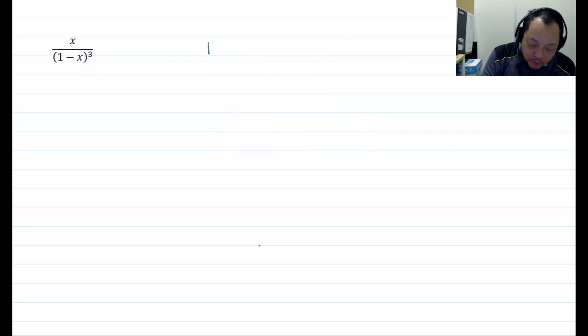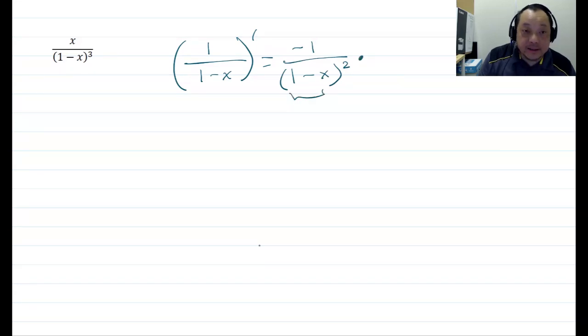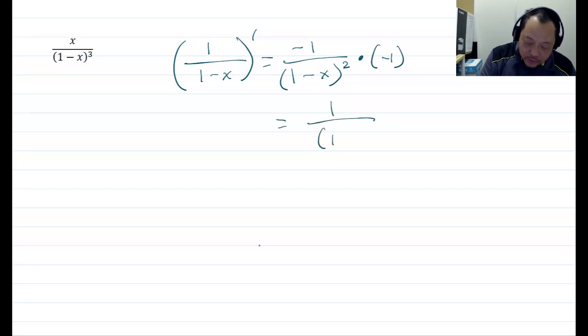Let's start out with just 1 over 1 minus x. If I take the derivative of this, then I have negative 1 over 1 minus x quantity squared times the derivative of 1 minus x, which is negative 1 by the chain rule. And that's just positive 1 over 1 minus x squared.